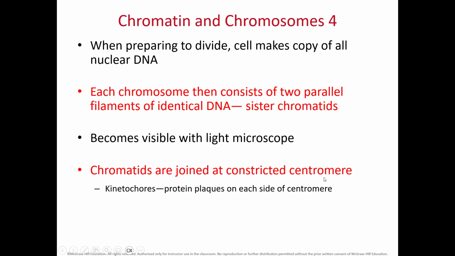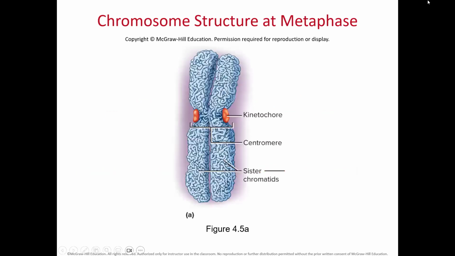The centromere is a protein, and we're going to have something called kinetochores, protein plaques on each side of the centromere, and the kinetochores are what guide the chromosomes, so then we can locate them centrally. So when we divide the chromosomes, each cell gets one copy of one chromosome from each parent. We'll talk about that coming up.